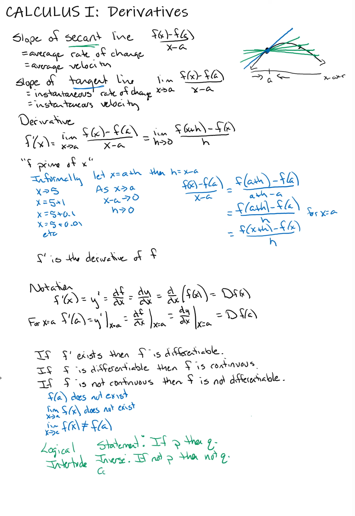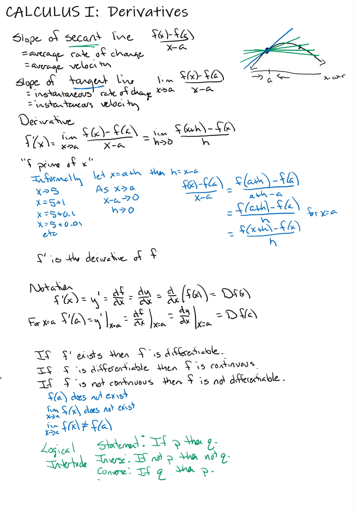We also have something called the converse. Converse of a statement is when I just turn it around. If Q, then P. So the inverse, I put nots in front of each part of the statement. The converse, I turn the statement around. What if I want to put nots in front of it and turn it around?